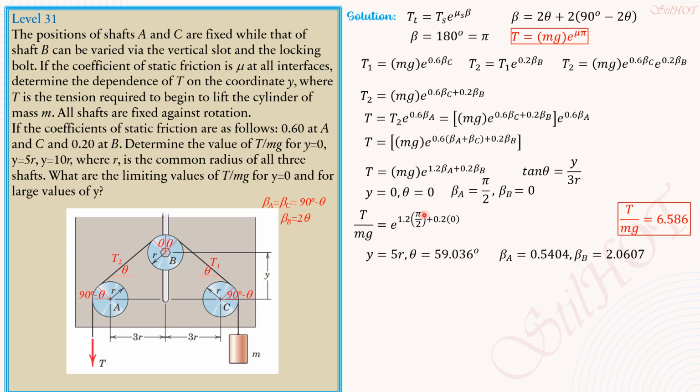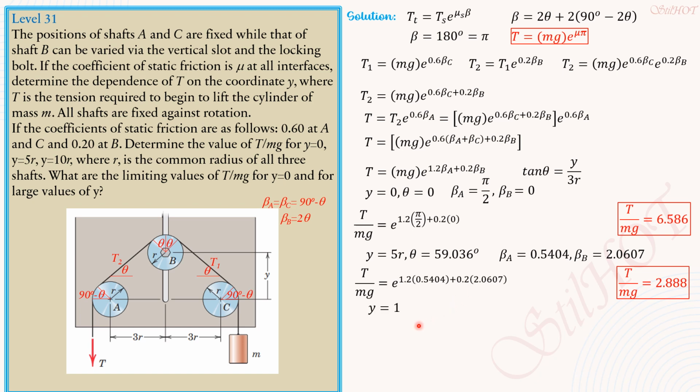Then we substitute it into this equation here. So T over mg equals e to the 1.2 of 0.5404 plus 0.2 of 2.0607. So using your calculator, T over mg equals 2.888.